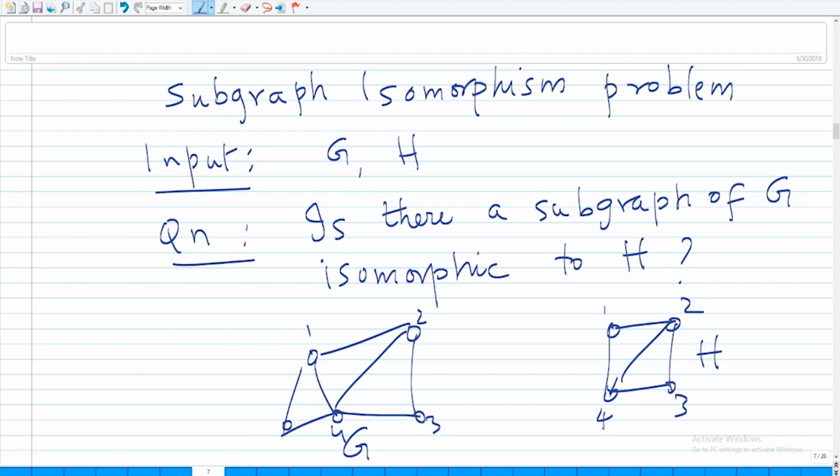right. Now, this problem is NP complete. Testing whether two graphs are isomorphic, we do not know, but is there a copy of H sitting inside G is NP complete.